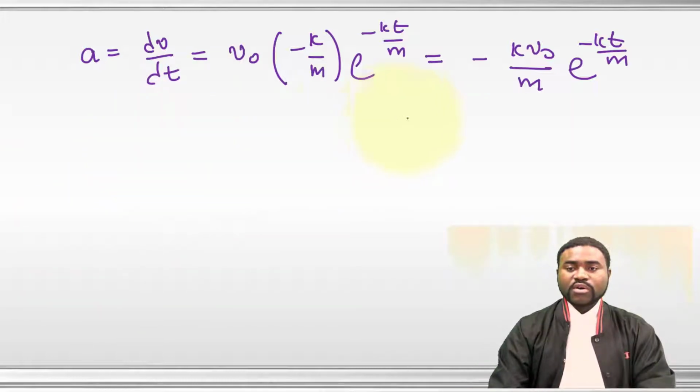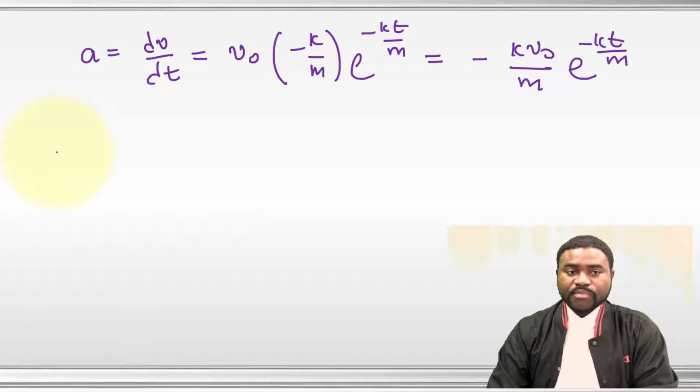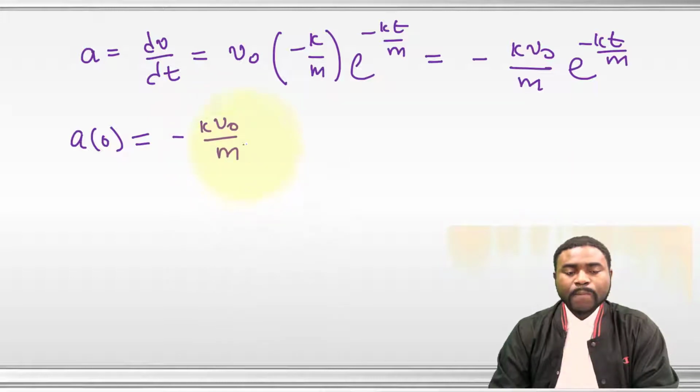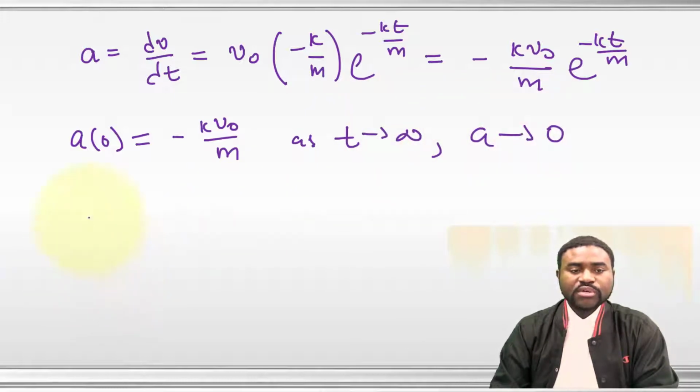So if we look at this critically, look up everybody. The value of A at t equal to 0 is equal to what? Negative k V naught over m. Now, as t approaches infinity, A approaches 0.